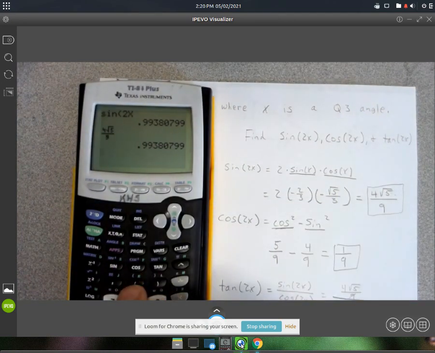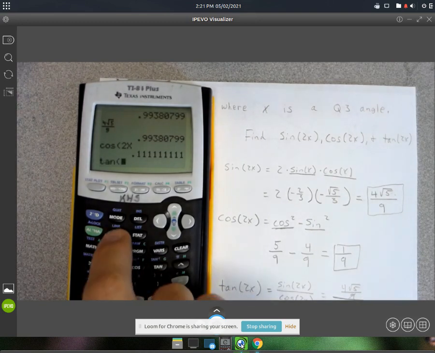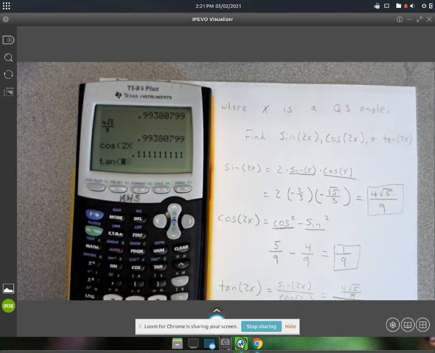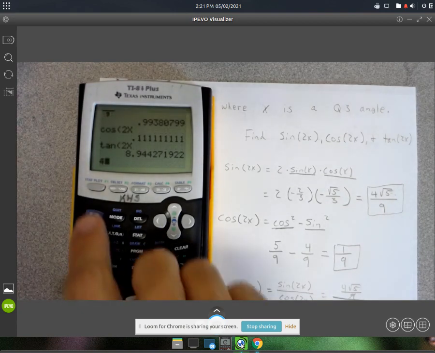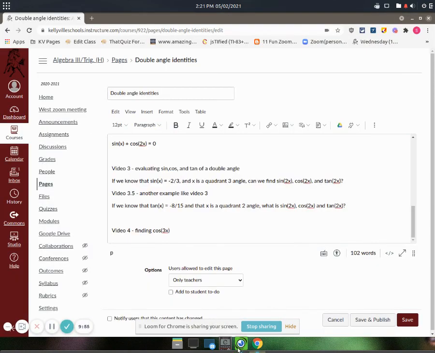And if I find cosine of 2x, I get 1/9. That's what 1/9 is as a decimal. And then, of course, do the same thing with tangent if you want to. Oh, tangent 2x. All right, and that's 4√5. 4√5. Cool. All right, that's it. We'll do another video on it if you're interested.